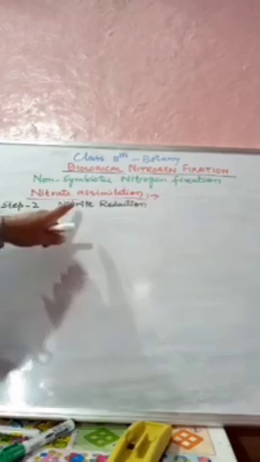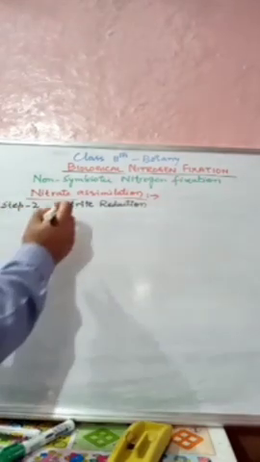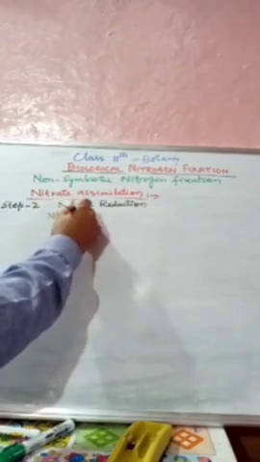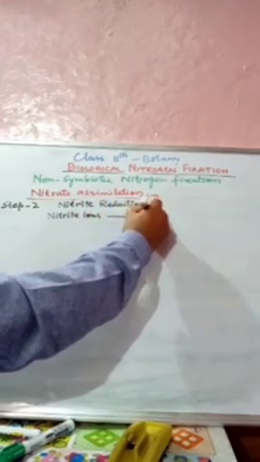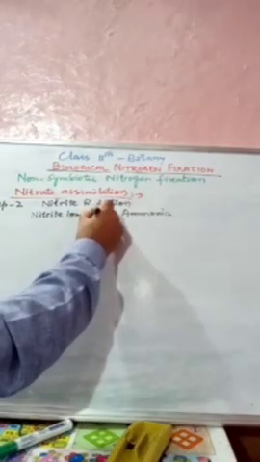The nitrite ions are reduced to ammonia by means of an enzyme, and what is the name of this enzyme? That is called as nitrite reductase.